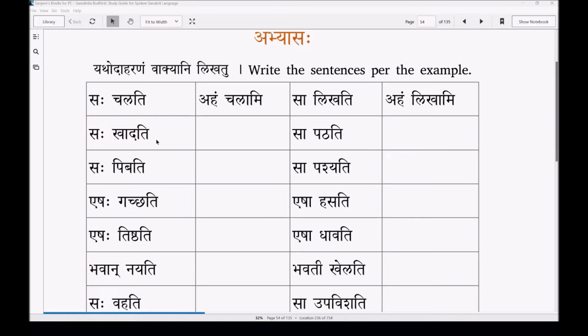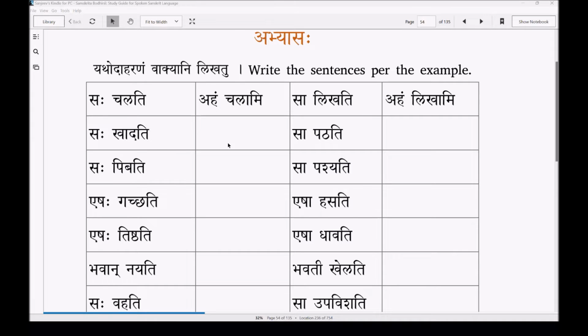Abhyasaha. So this is the exercise where you write the Uttama Purusha form of the Prathama Purusha forms shown here, like Saha Chalati, Saha Khadati, etc. You just have to identify the Uttama Purusha form of that same verb, like Chalati, Chalami, Likhati is Likhami.